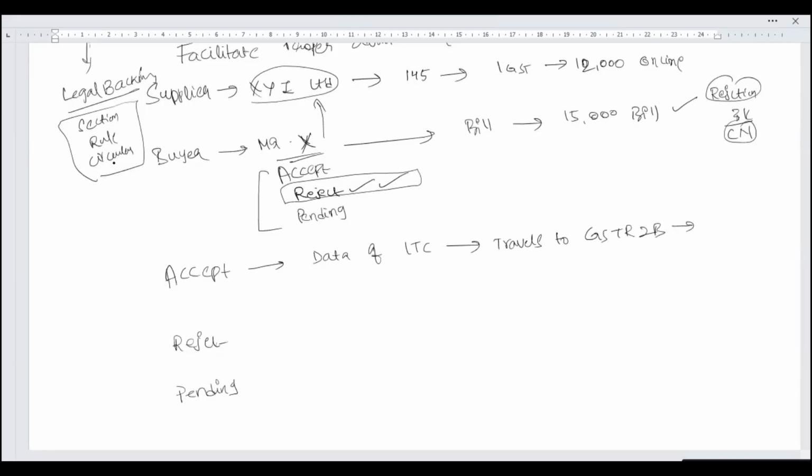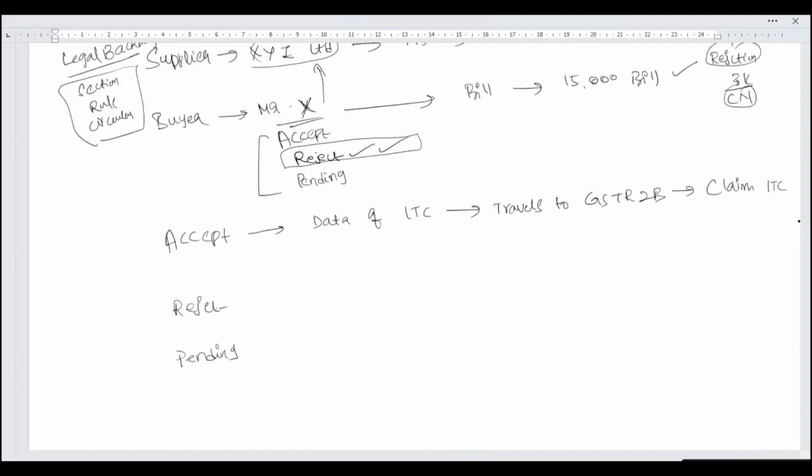When it travels to 2B, I can claim this particular ITC. So this is a simple window. Whatever purchases you have accounted, appearing, click on accept, comes and sits in my GSTR2B. Reject. Vendor not known.